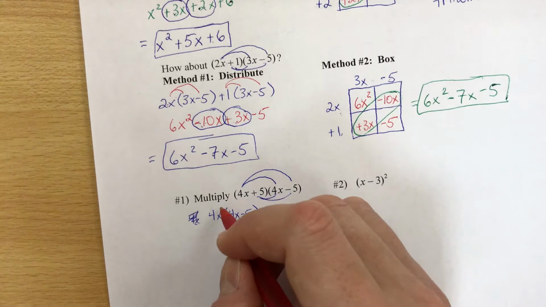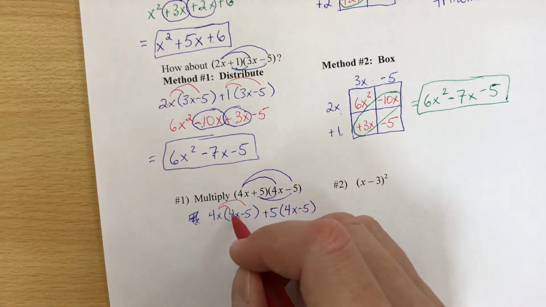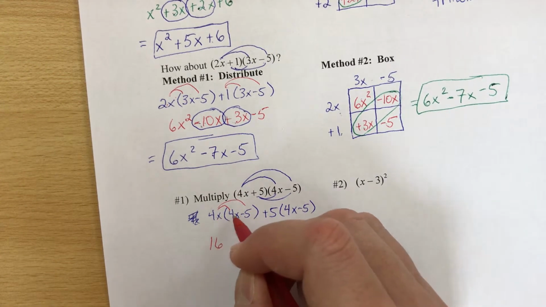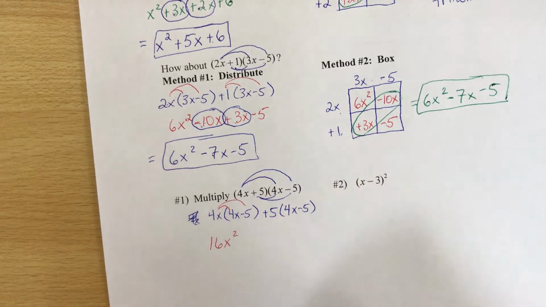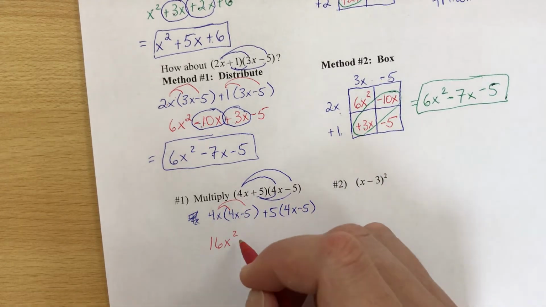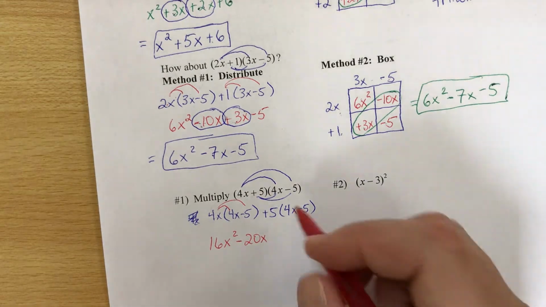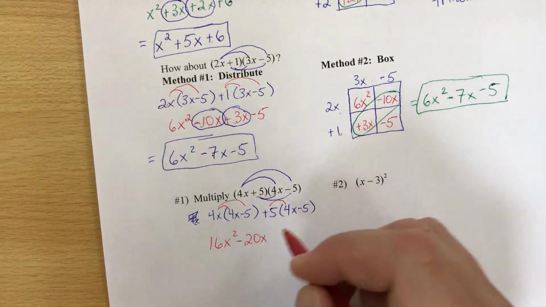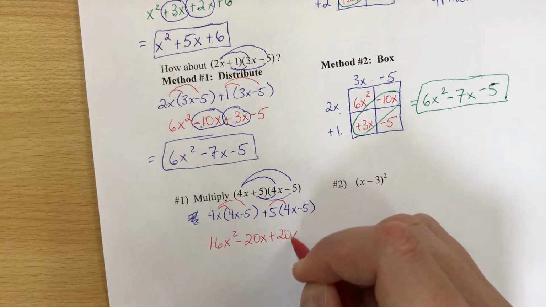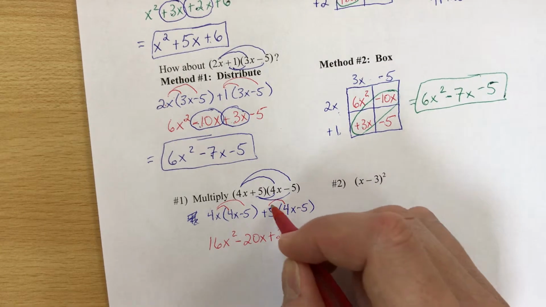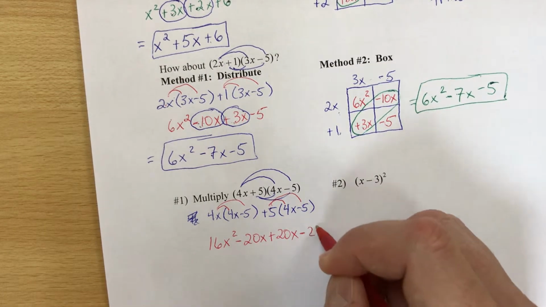Okay, so now we'll do our multiplication. 4 times 4, 16. X times x is x squared. 4x times negative 5 is negative 20x. Positive 5 times 4x is positive 20x. 5 times negative 5 is negative 25.